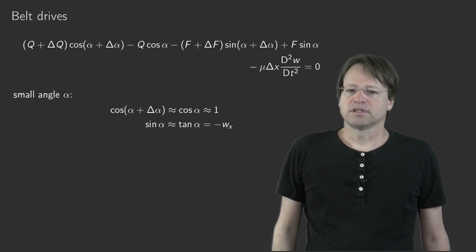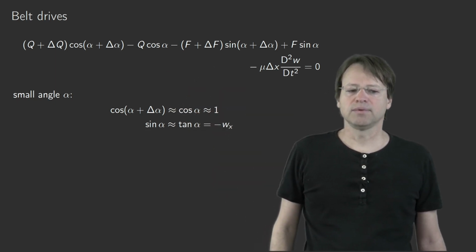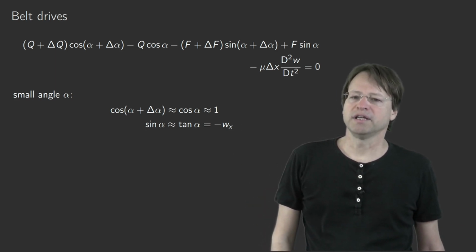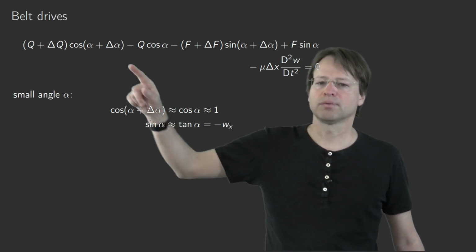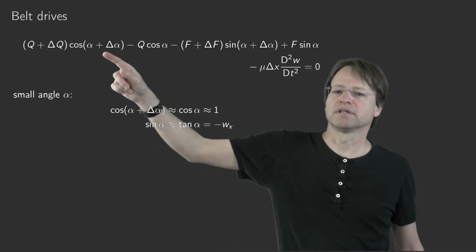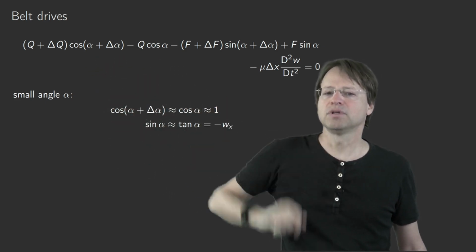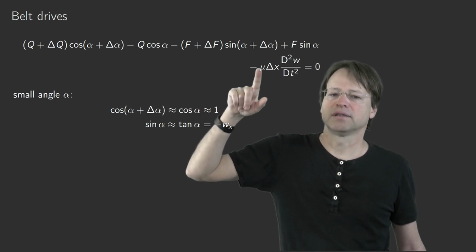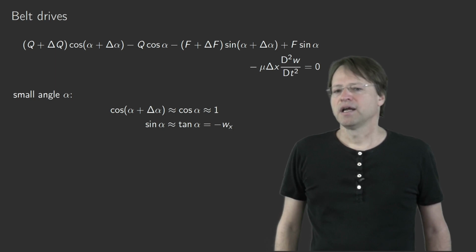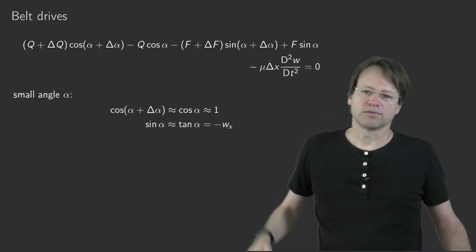So if we insert this and then we divide by delta x, and then we take the limit of delta x to 0, what do we obtain? Well, if you look at the first two terms, where you insert the cosine alpha equal to 1, then you have delta q, because you have q plus delta q minus q, so delta q is left. If you then divide by that delta x, you would have delta q by delta x, and you take the limit value, then you have q with respect to x.